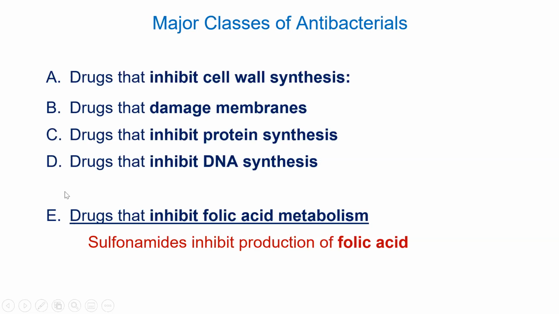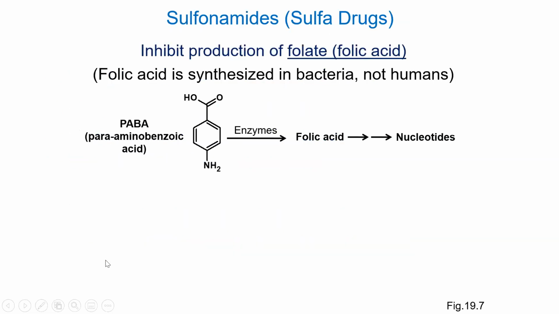If you remember the sulfonamides, I talked about them last day. I mentioned Prontosil, one of the historical drugs that was discovered, and what was it being used to treat? Streptococcal infections, right?